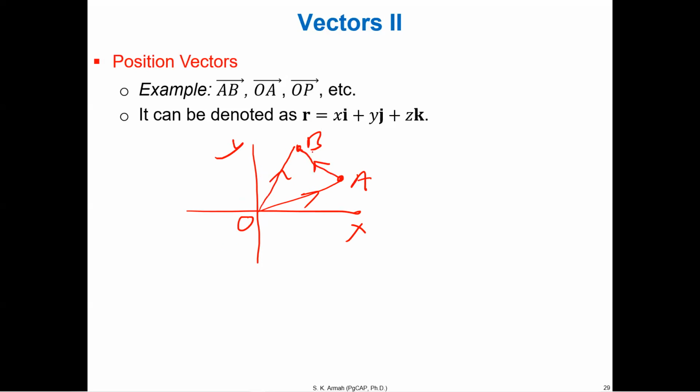If you follow the triangle, this is like a triangle OAB. If you follow the vectors, you're going to see that if you want to go from, assume O is Legon campus, and this is Tetekwashi, and that is Tema.